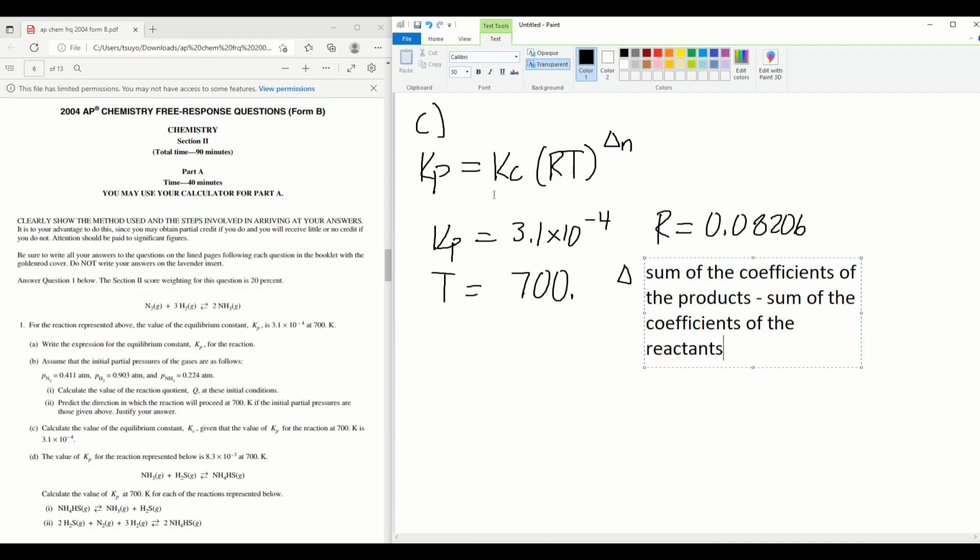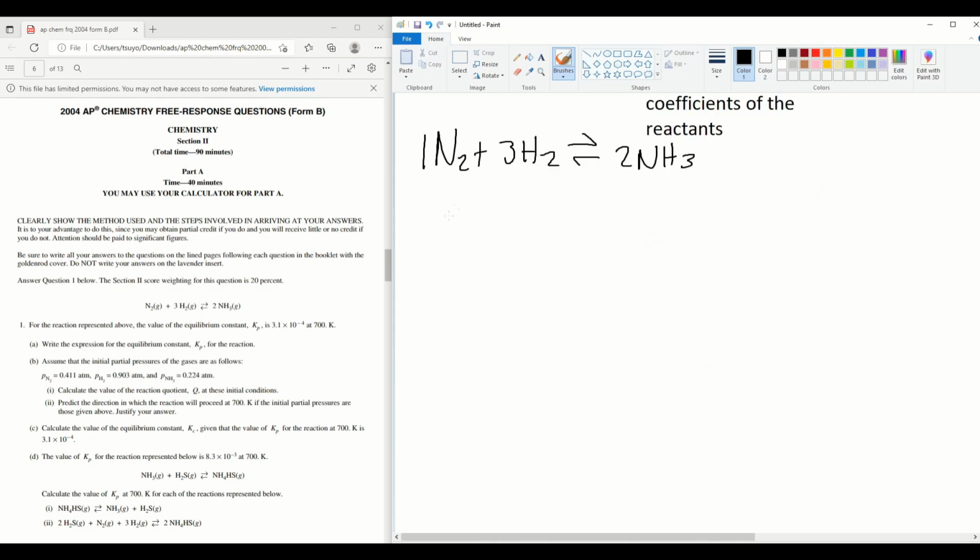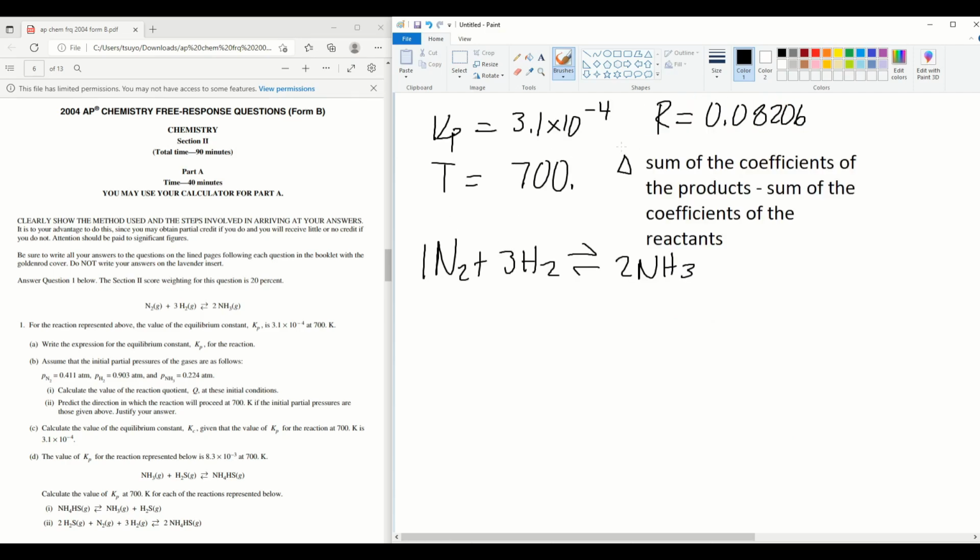So in this case, we have 1 N2 plus 3 H2, and then equilibrium sign, 2 NH3. So there's nothing to add for the sum of the coefficients of the product, so it's just 2. And then the sum of the coefficients of the reactants, 1 and 3, so we get 4. So it's 2 minus 4. So delta N is equal to negative 2.